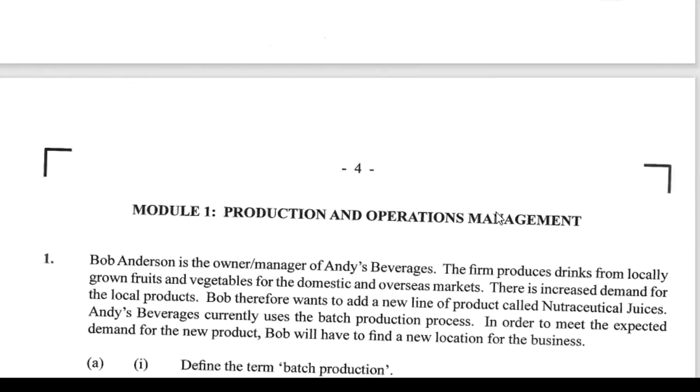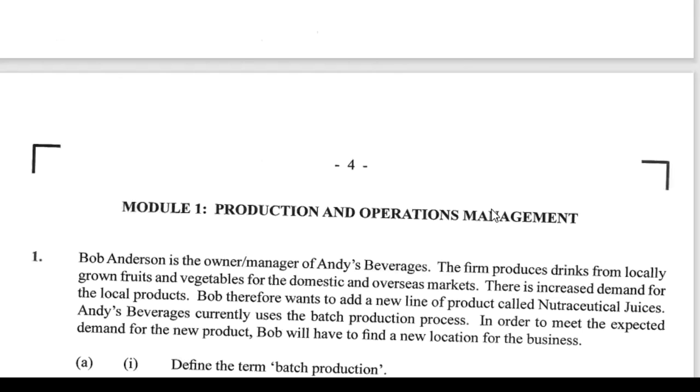Now, the case says Bob Anderson is the owner or manager of Andy's Beverages. The firm produces drinks from locally grown fruits and vegetables for the domestic and overseas markets. There is increased demand for the local products. Bob therefore wants to add a new line of product called nutraceutical juices.